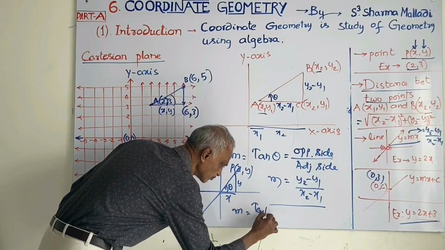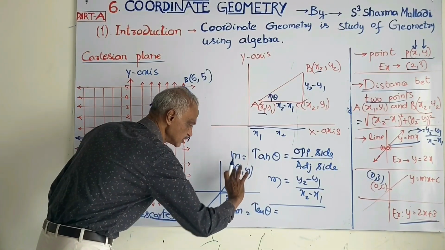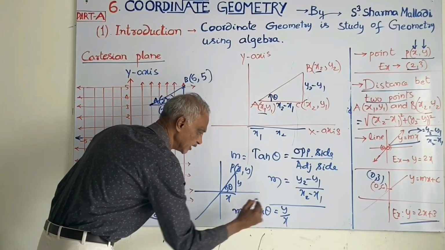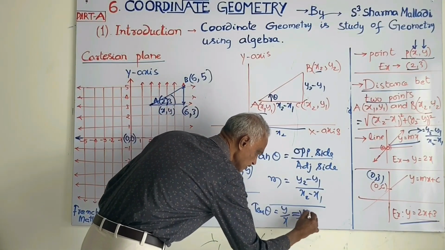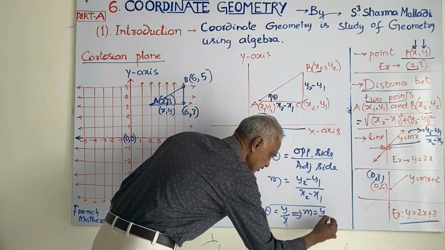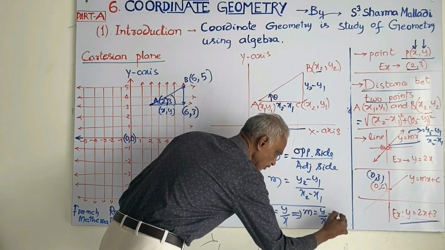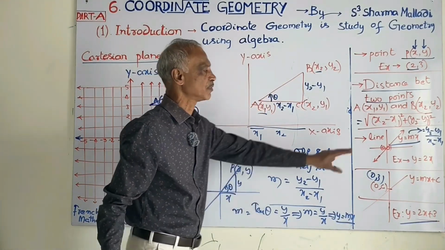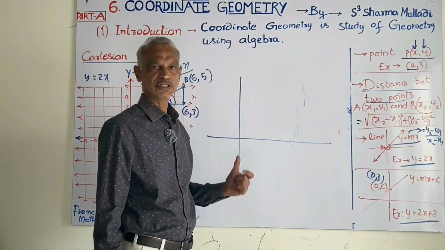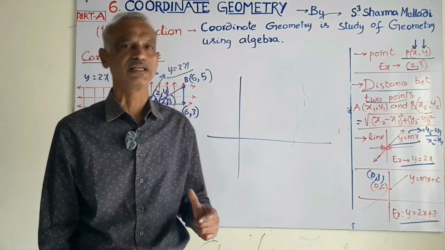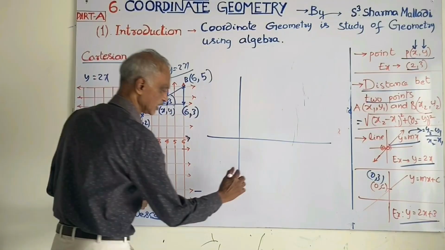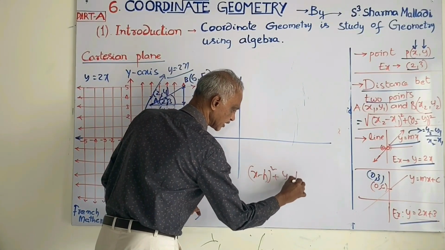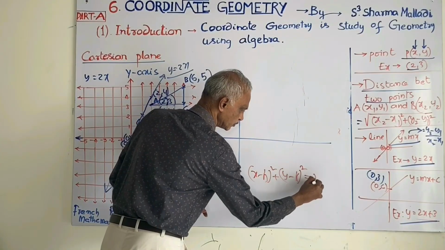Tan theta is equal to, what is the opposite side? y. What is the adjacent side? x. Like that you will get m is equal to y by x, that is nothing but y is equal to mx. y is equal to mx passes through the origin. Also, you can find out the equation of a circle which is in the form of x minus h whole square plus y minus k whole square is equal to r square.